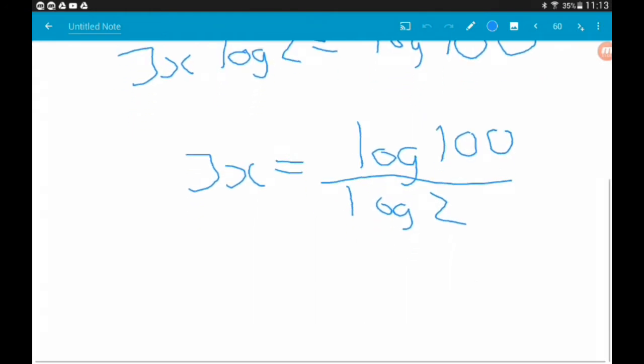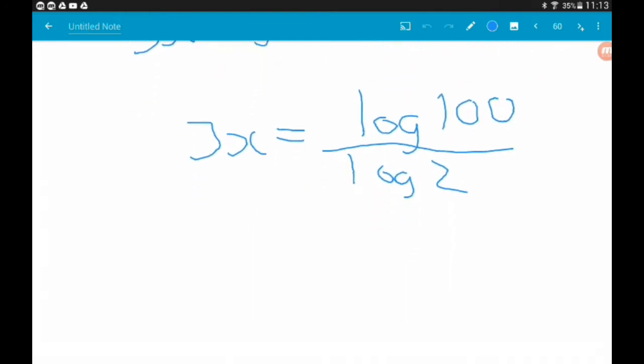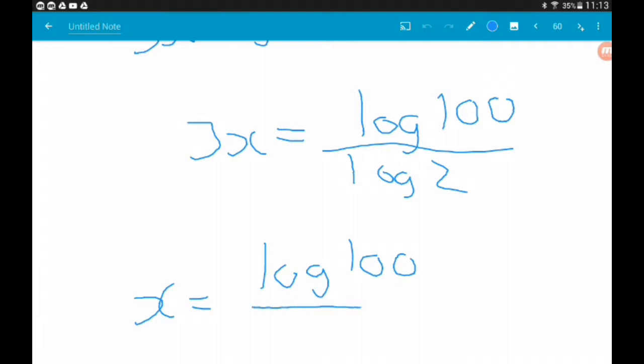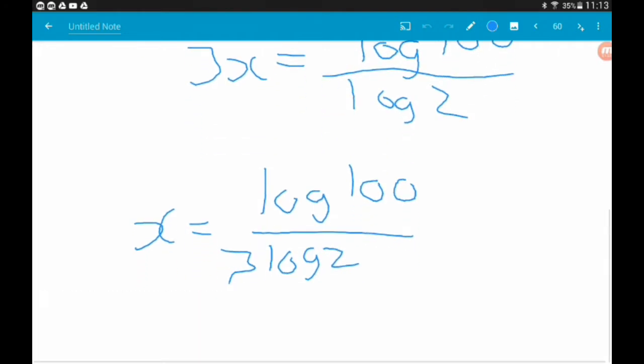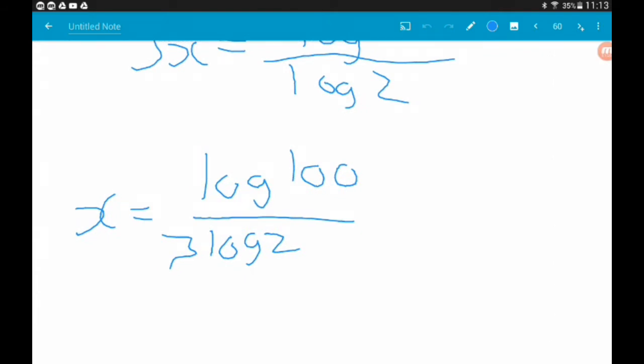So if we also divide by the 3, we get x equals log 100 over 3 log 2.